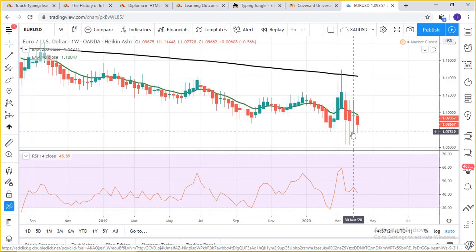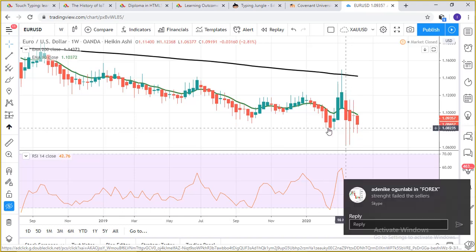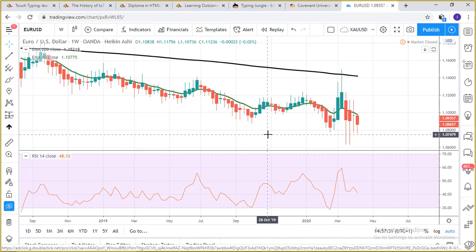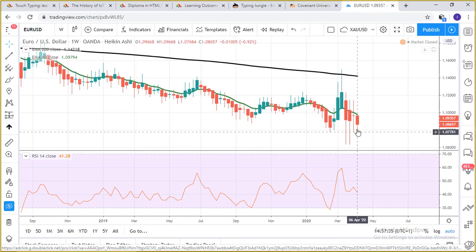The move you saw here, okay, the strength failed the seller. Yes, the strength of the seller failed. The buyers were trying to come back into this market.